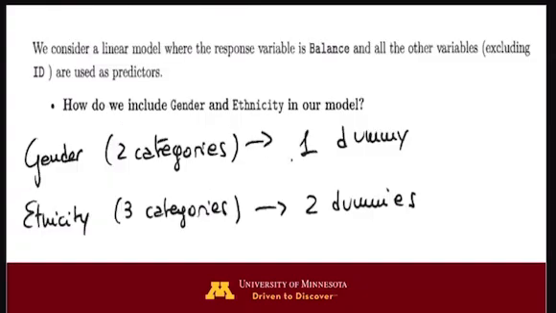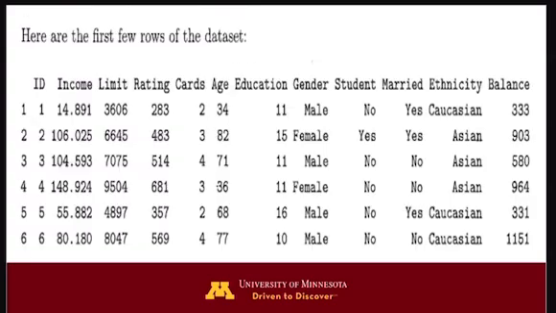Now, the data frame actually comes with categorical variables: gender, whether you are a student or not, whether you are married or not, or what about the ethnicity? I need you to pay attention. This is a mixture of categorical and quantitative variables.